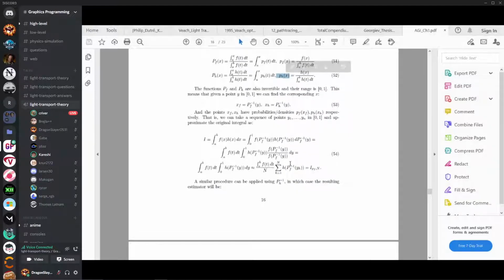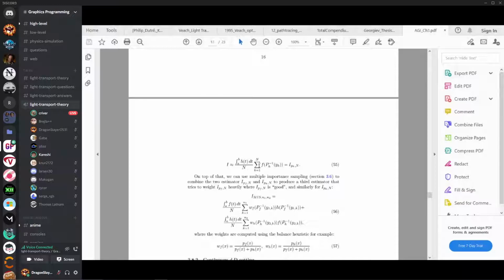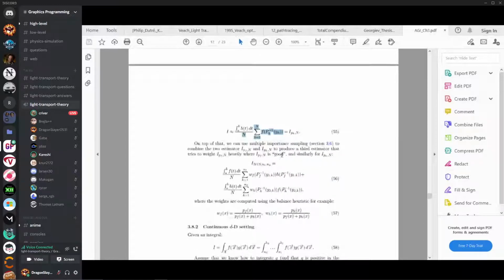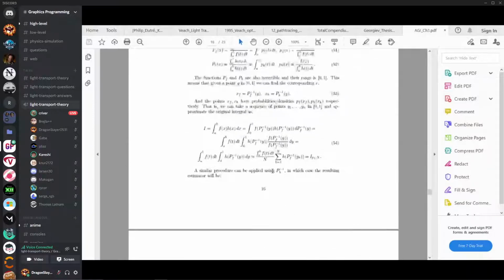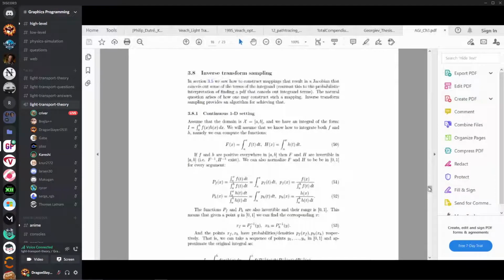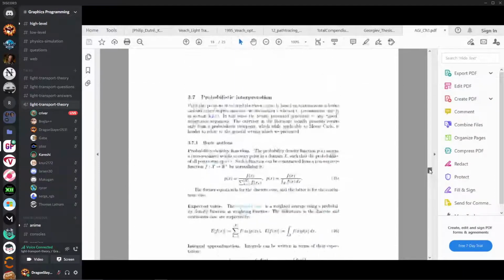Then in one case you canceled out the f by considering a probability density function with respect to f, and in the other case you canceled out the h. So now you have an estimator with respect to f and an estimator with respect to h, and you can combine those two through multiple importance sampling. So whenever one is, let's say, bad and the other is better, you would get corresponding weights, so you get the better thing. Does that clarify things a bit?